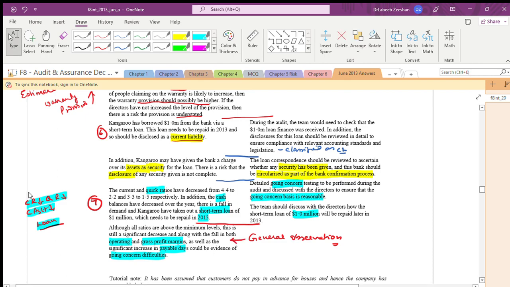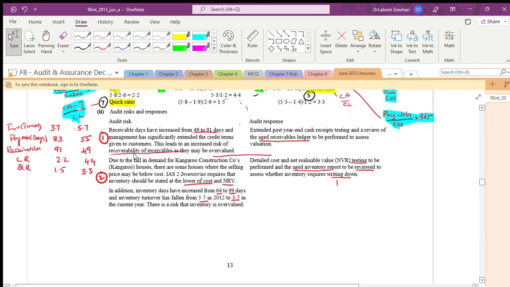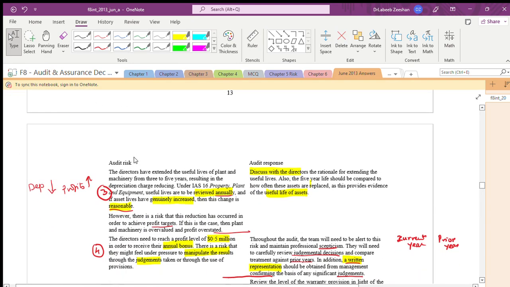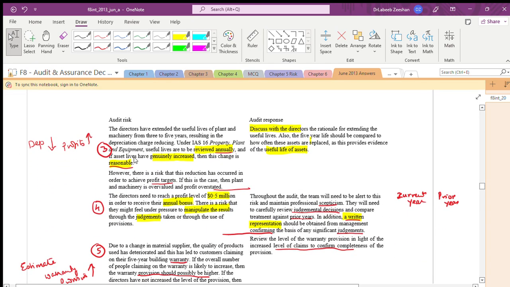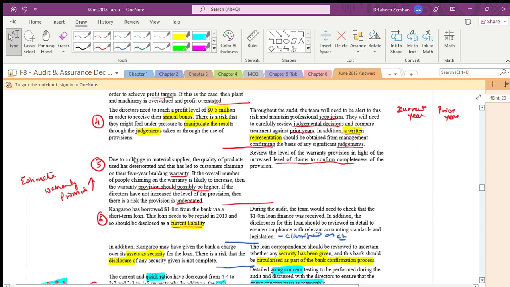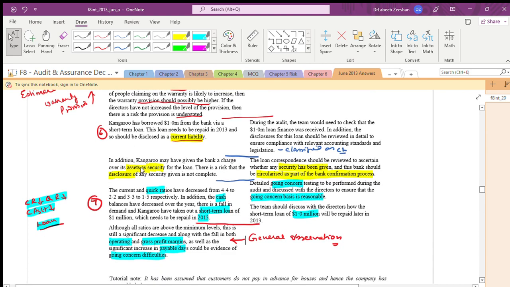Fine. Now, again, from the beginning, what we have: they have done receivables, inventory, non-current assets, the annual bonus judgments, which is very important, the warranties, the loan amount, and most importantly, the cash aspect.